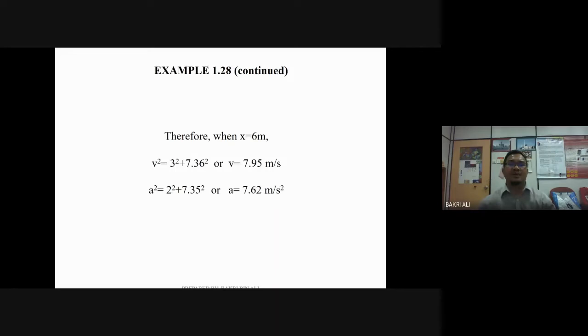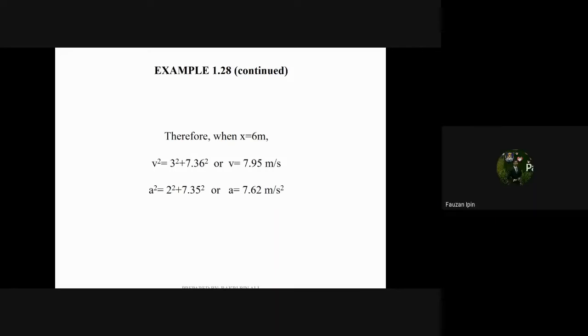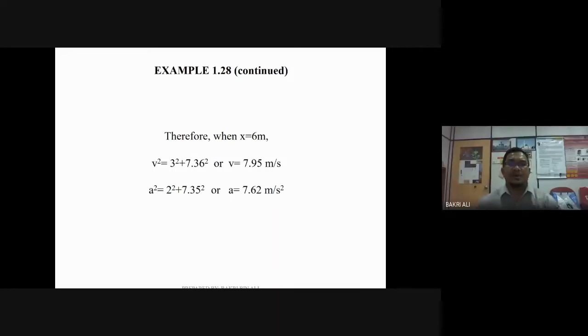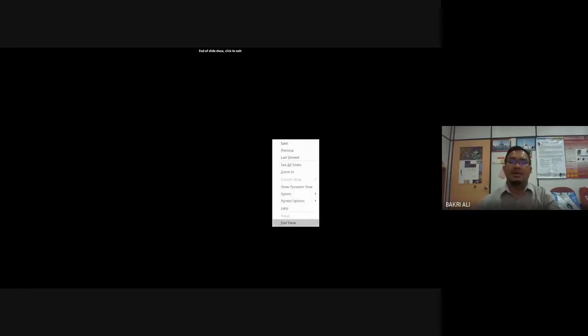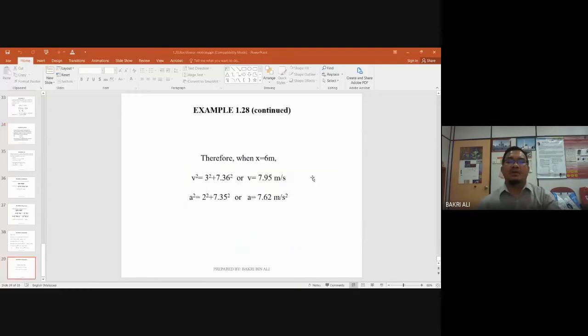And therefore, we can find the total velocity and acceleration using the Pythagoras theorem. V squared equal to Vx squared plus Vy squared, square root. That will give us V equal to 7.95 meter per second and A equal to 7.62 meter per second squared. So that is how we solve the implicit function. So in whatever variable, we can solve using the same technique.